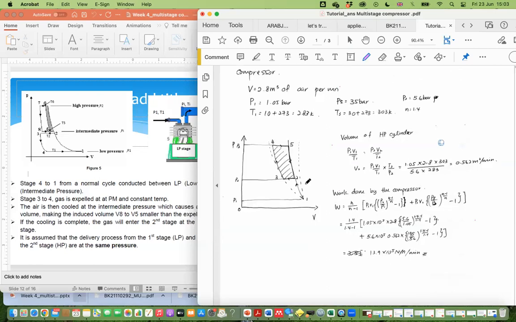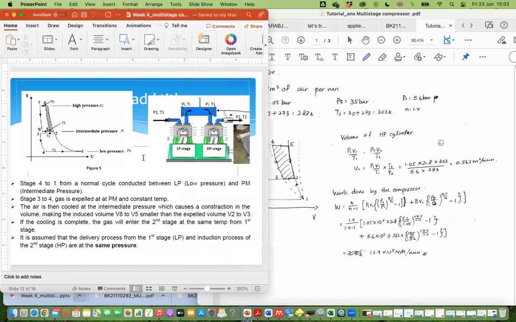And then if you look at this, there are 2 stages. So the first stage is P2 over P1, and the second one is P5 over P2. It seems like all the information is given.